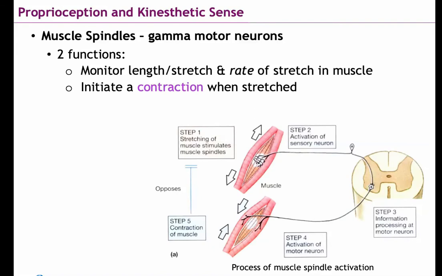So let's follow these steps down here. Stretching of the muscle stimulates a muscle spindle. A muscle spindle is an intrafusal fiber, which means it's embedded inside the muscle. If you look here, this is muscle tissue, and these are the intrafusal fibers, surrounded by connective tissue.